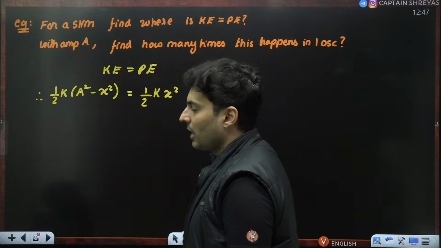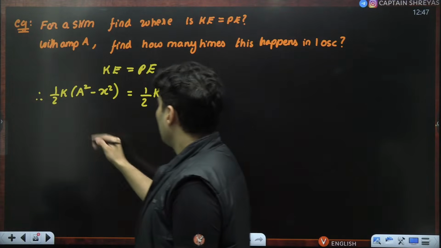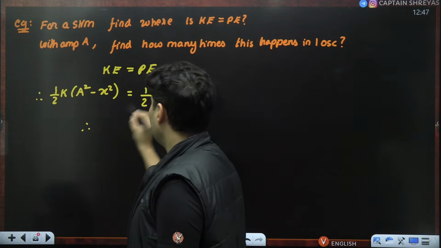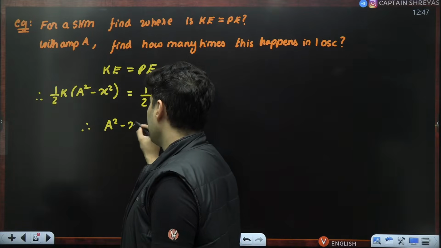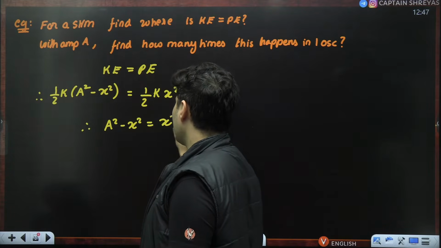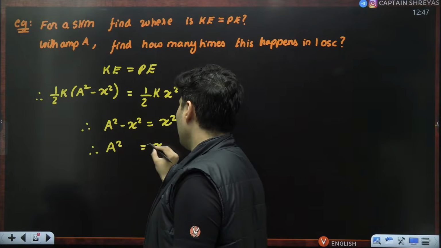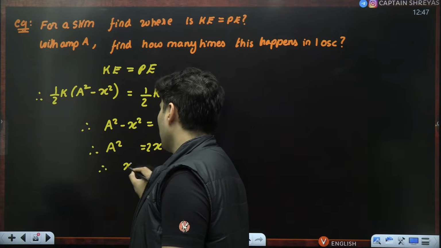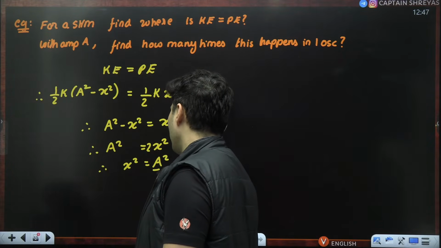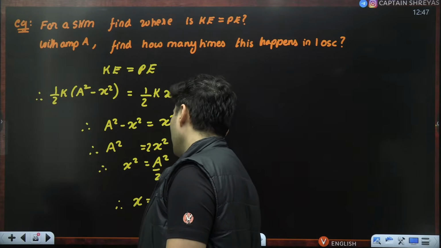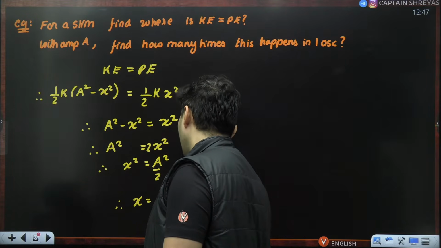Potential energy was half k x square, not a square, my bad. Okay, now it will be fine. Half k cancels, so a square minus x square will be x square. Therefore, a square will be x square and x square will make it 2x square. Therefore, x square will be a square by 2. Therefore, x will be plus minus a by root 2.